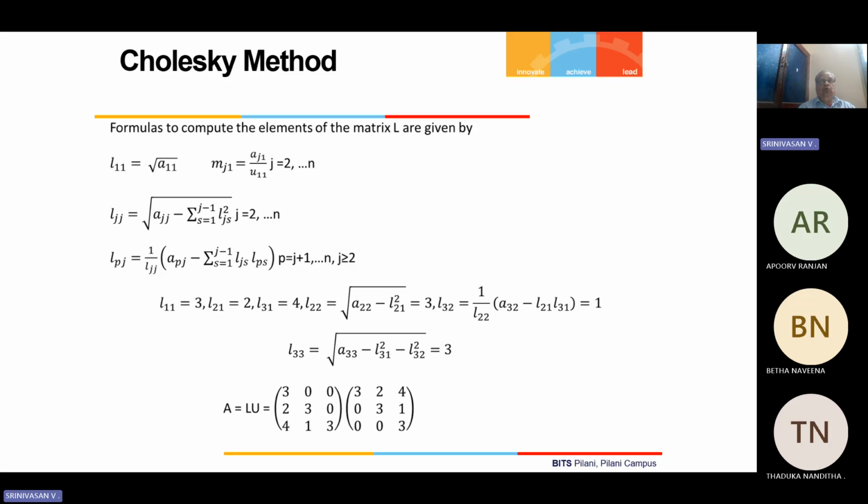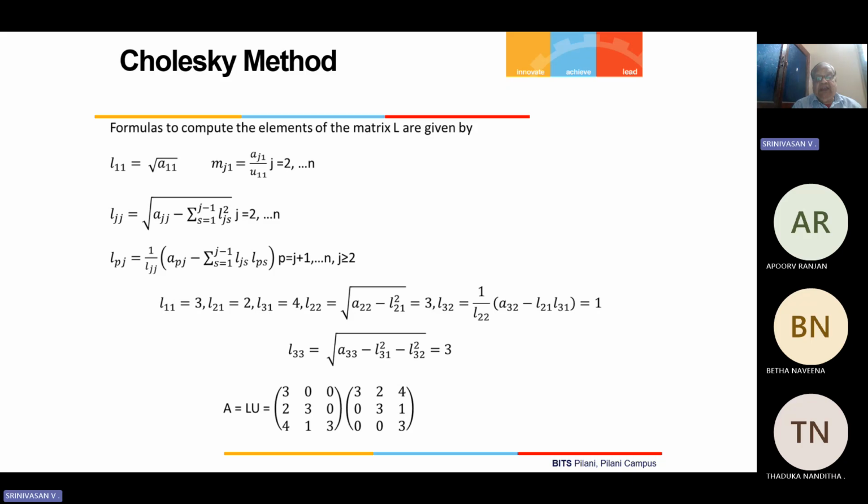Next is L32. L32 is 1 by L22 into A32 minus L21 into L31, following this formula. You just look at LPJ. So this is LJJ. That is J is 2 here. Therefore you have L22. APJ. LPJ is your A32 minus summation LJS. Okay, S starts from 1. What is J here? 2. So L21, right?